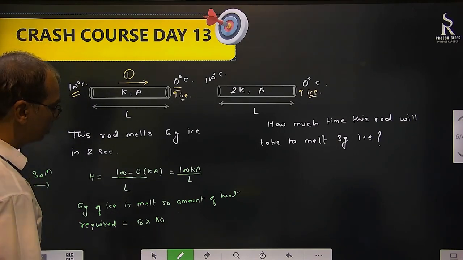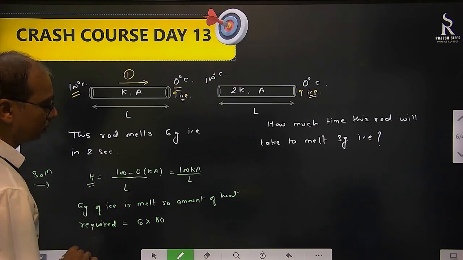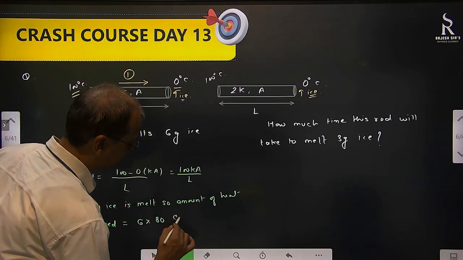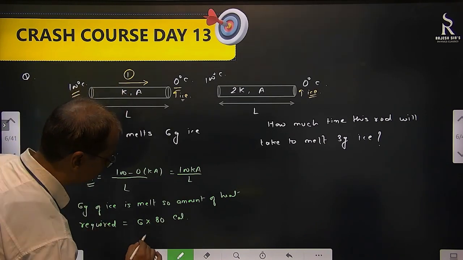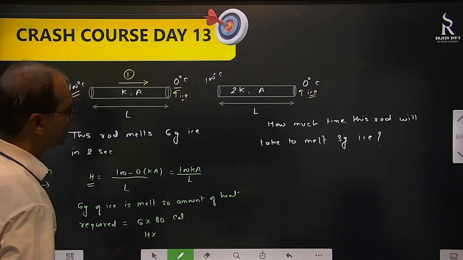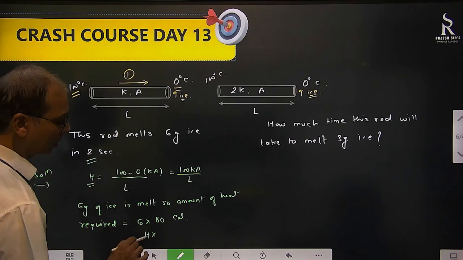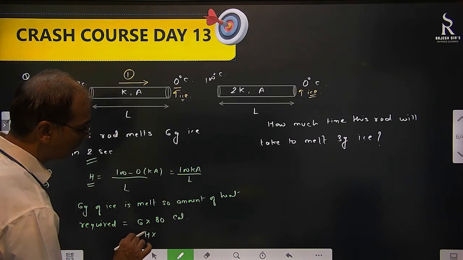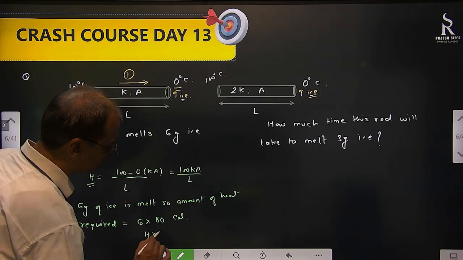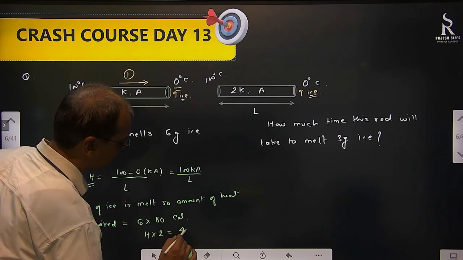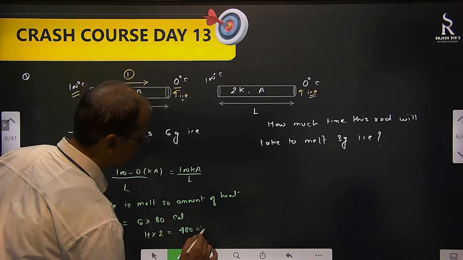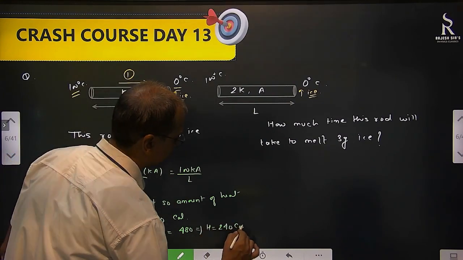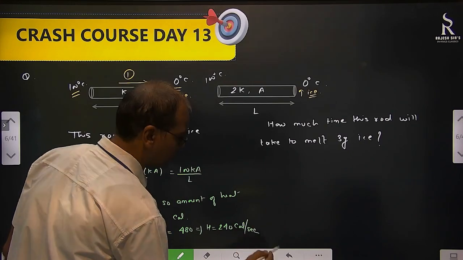This is per second, and this much calories you require. So we will say H into 2 seconds, this is heat flow per unit time, these many calories per second. So H into 2 equal to 480. So H is 240 calorie per second.